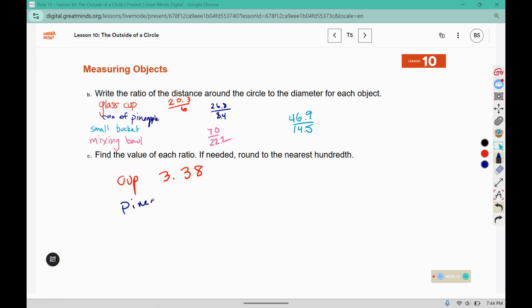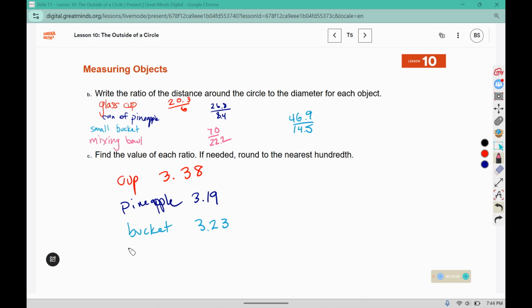For the pineapple, 26.8 divided by 8.4 is 3.19. And I'm just rounding to the hundredths place like it asks. For the bucket, we have 46.9 divided by 14.5, which is 3.23.